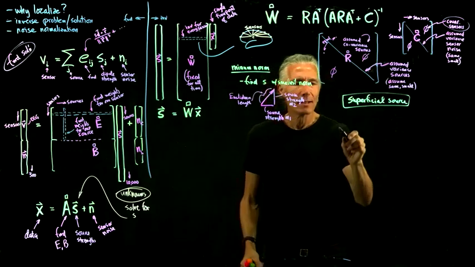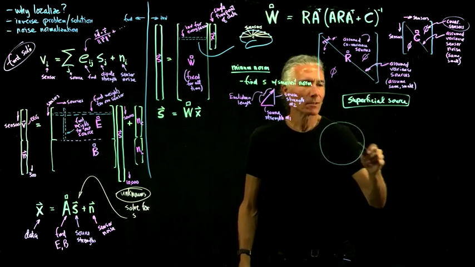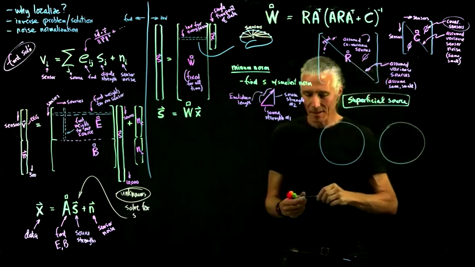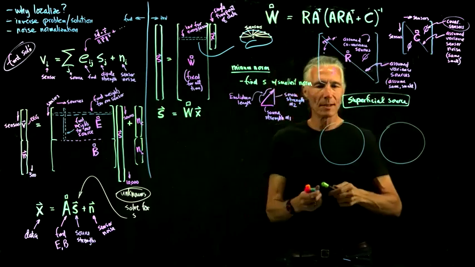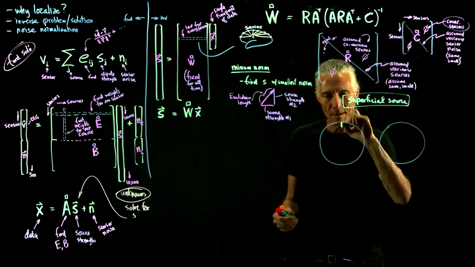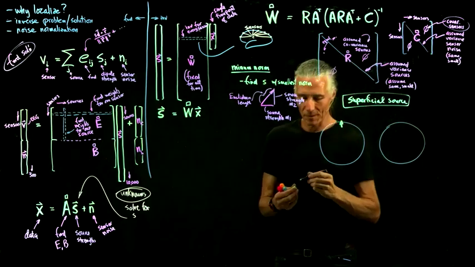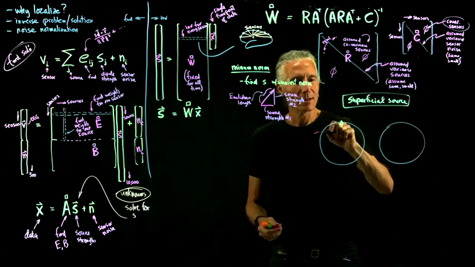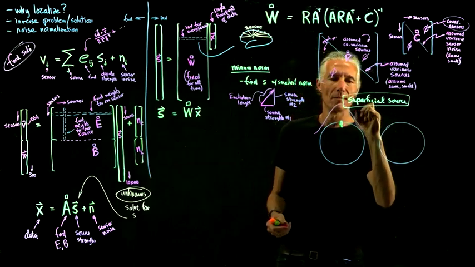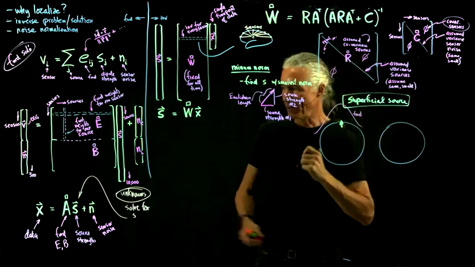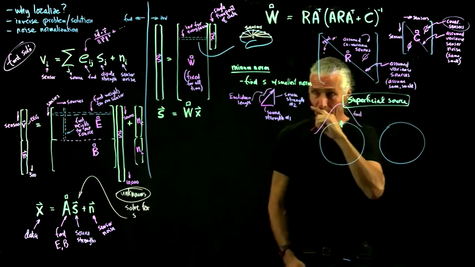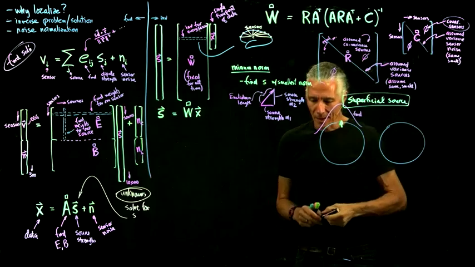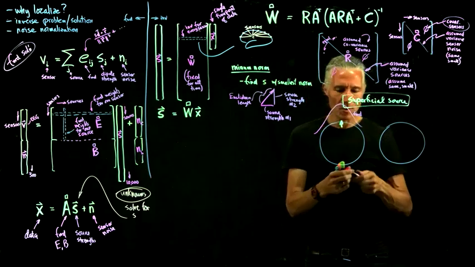So if we start off, here's a spherical head, and here's our solution. So we start off with our forward solution. We'll put a dipole here, say right near the surface, and then calculate the forward solution. So here's our forward solution, just using this equation and our particular person's head, and then do our inverse.